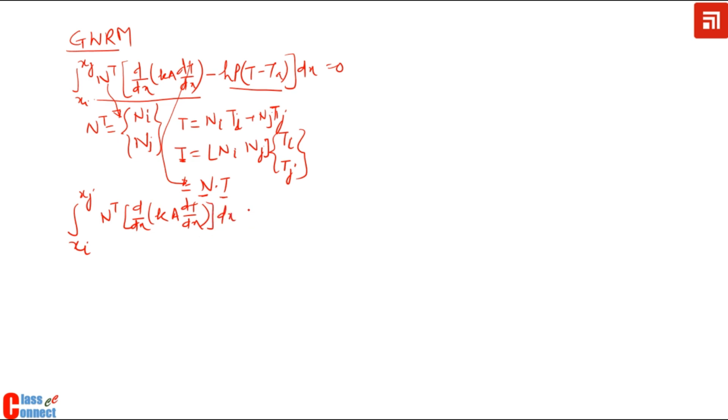This first part is to be solved using integration by parts. If I integrate this by parts, I will get N transpose k A dT/dx with limits xi to xj, because this is the differentiation, so only this part will be left.